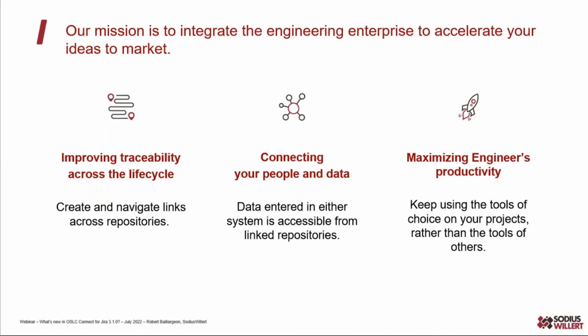The goal is connecting not only your data, but also your people. You have people primarily using Jira, and people primarily using Baillargeon or Doors Next. We want them to be able to interact back and forth and maximize productivity. We're not copying information back and forth, and when we're not questioning the quality of information, it gets that much better.